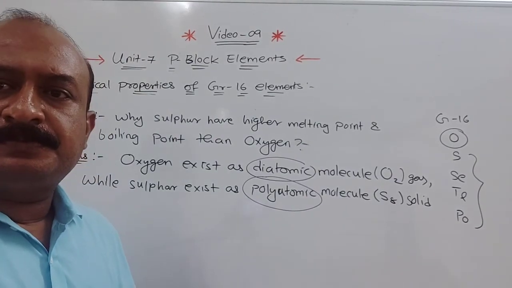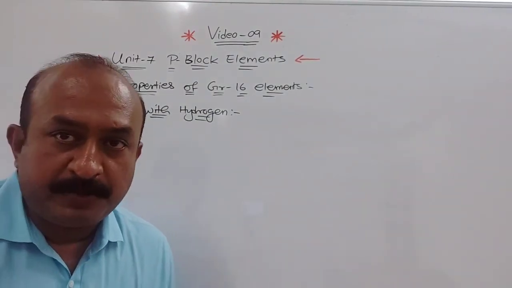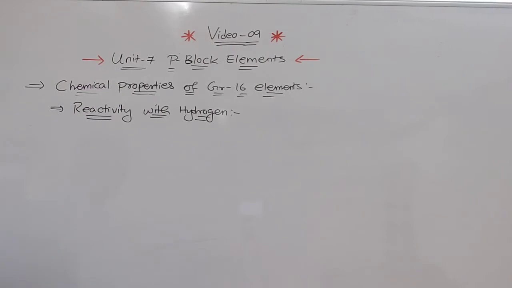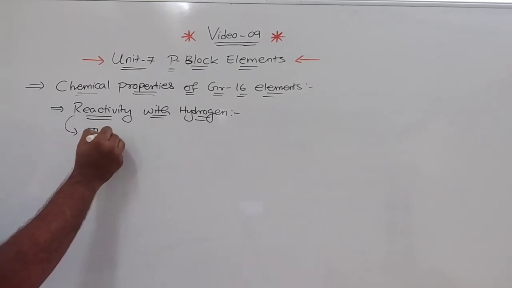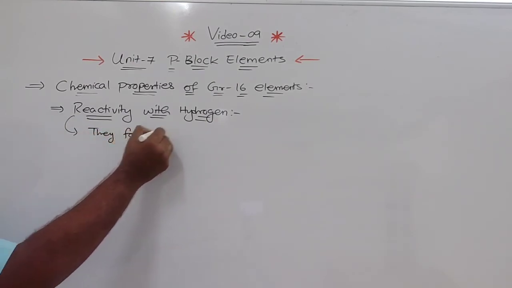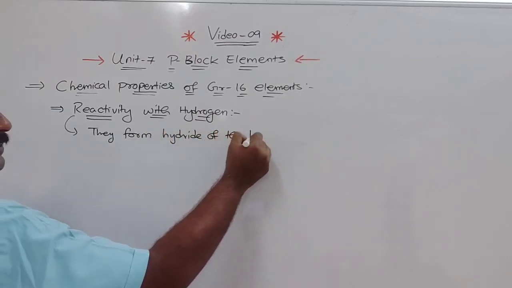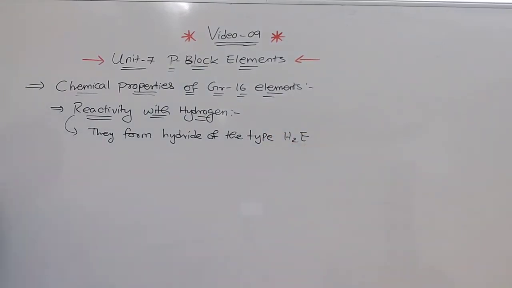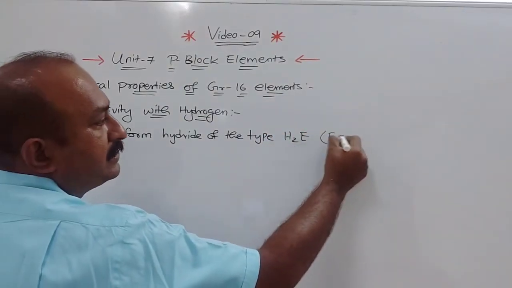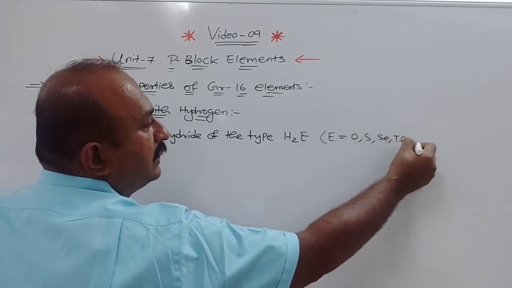Now, reactivity with hydrogen: group 16 elements form hydrides of the type H2E, where E is oxygen, sulfur, selenium, tellurium.